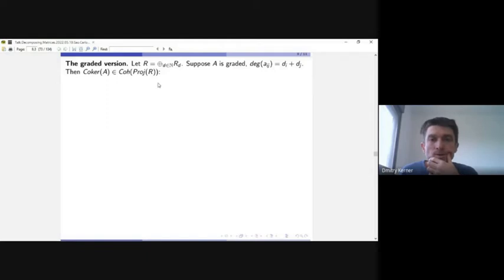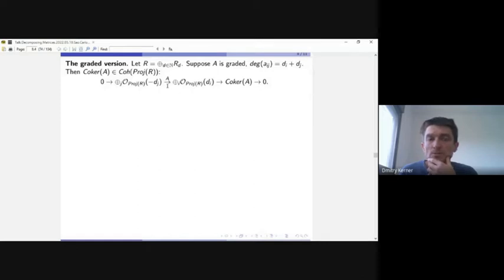Then this co-kernel module, you can think about it as a coherent sheaf on Proj R. Yes, not just as a module over R, but projectivize everything, and then you get the coherent sheaf. Later I will give a very explicit example of this. Now we have a very explicit presentation of this sheaf.